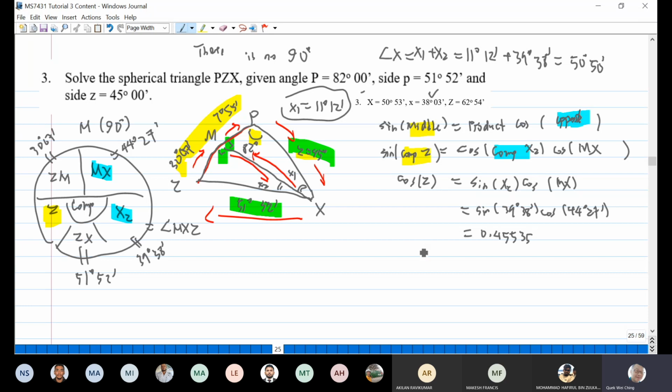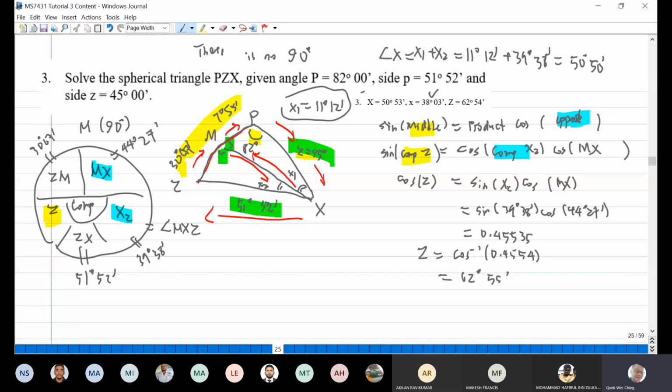So Z is equal to cosine inverse of 0.4554. Take a calculator, shift cosine inverse, answer, and you find that this is 62 degrees 55 minutes, off by 1 minute.